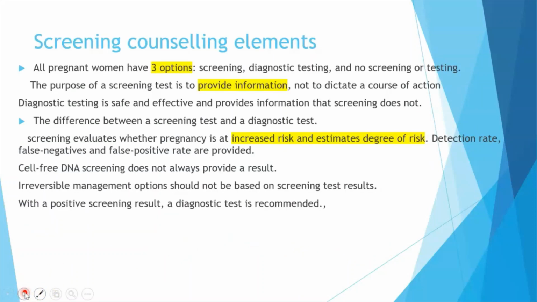Now, there are some screening counseling elements. Friends, you need to remember that all pregnant women have three options: screening, diagnostic testing, or no screening or testing. The purpose of the screening test is to provide information, not to dictate a course of action. Diagnostic testing is safe and effective and provides information that screening does not. What is the difference between a screening test and a diagnostic test?